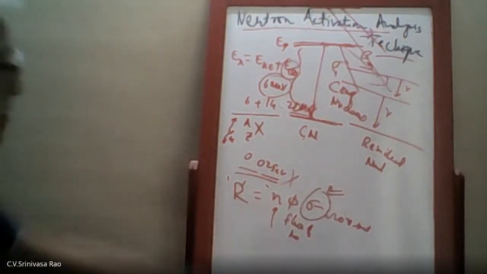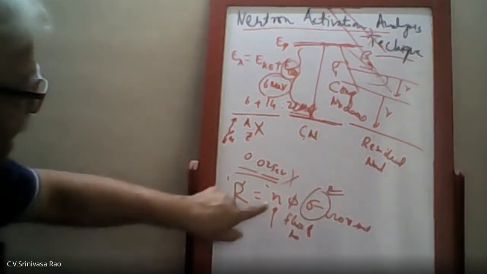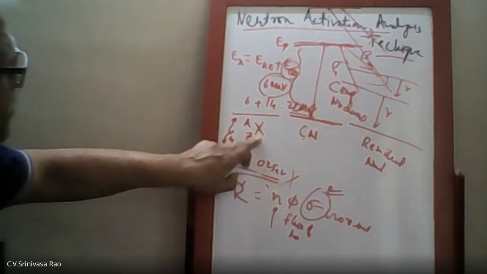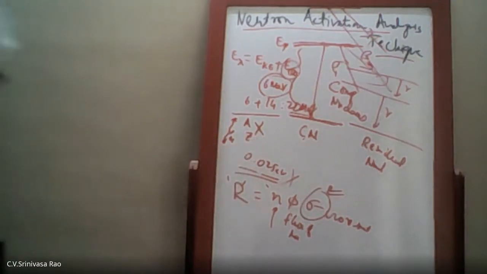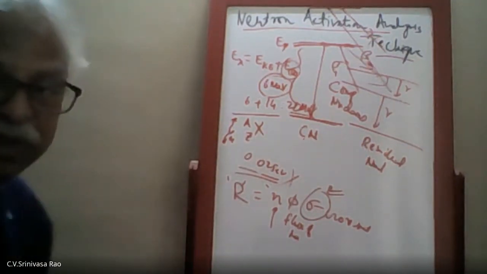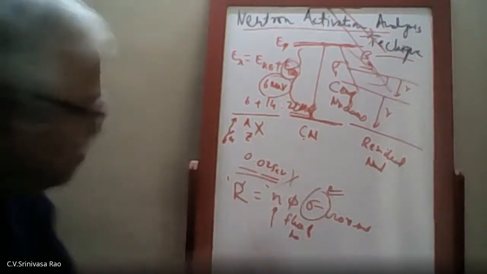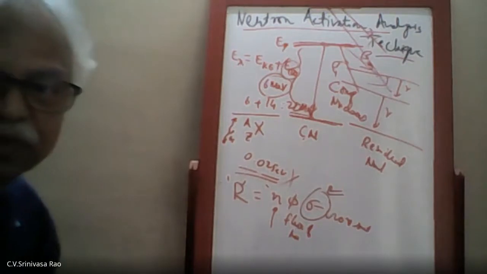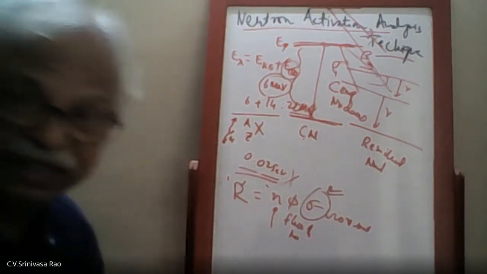But if I know the cross section, I can get the number of nuclei. So I can take any sample irradiated with neutrons and get information about the material. This is a very, very powerful technique.